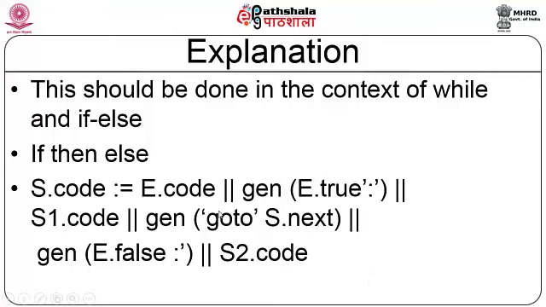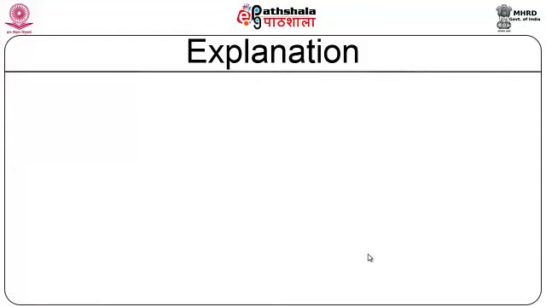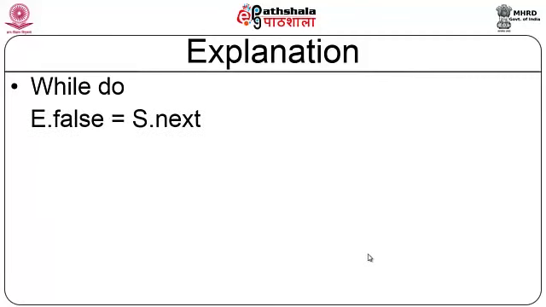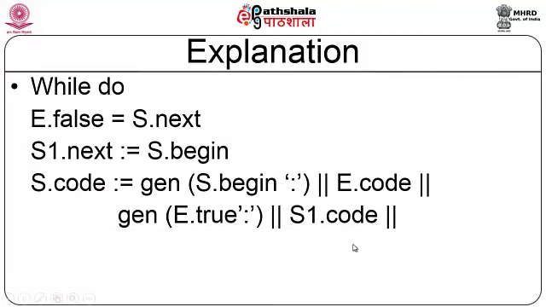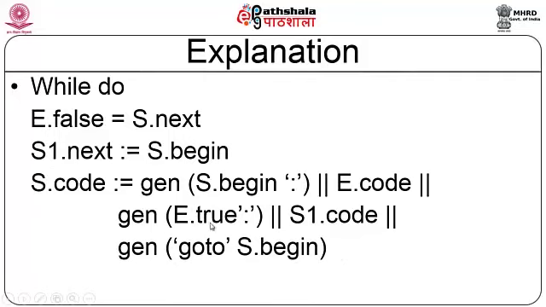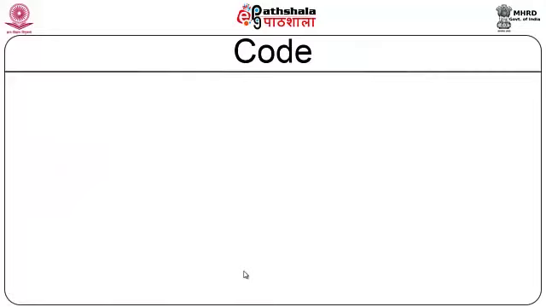So there is one go to here which is an unconditional go to, and there will be one more unconditional go to which is part of the while loop, while's SDD. So therefore this is your scenario: S1 dot code, and then a go to S dot begin. So these two will be used.